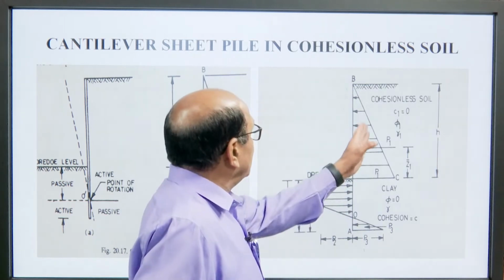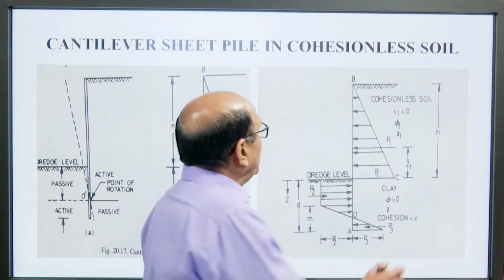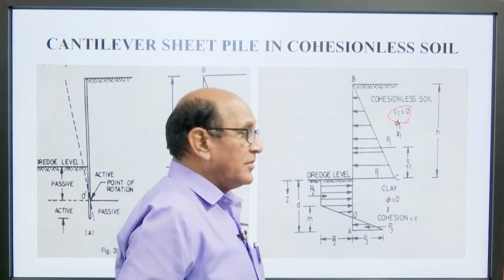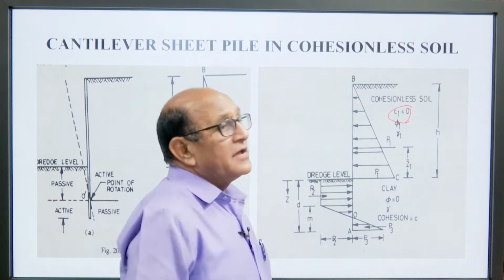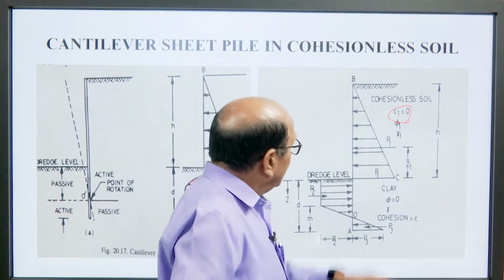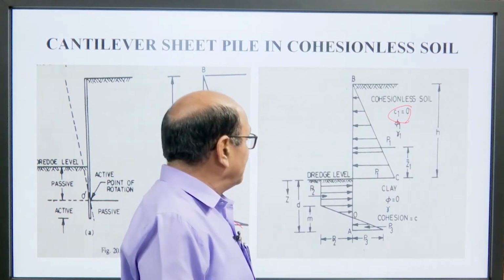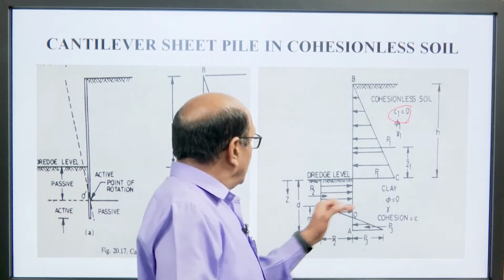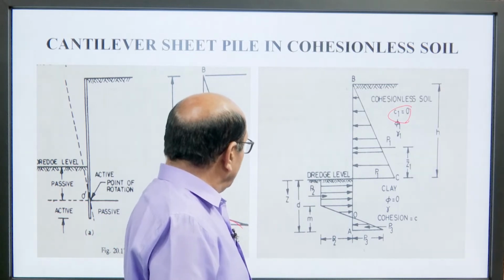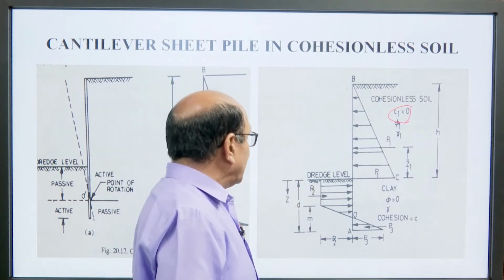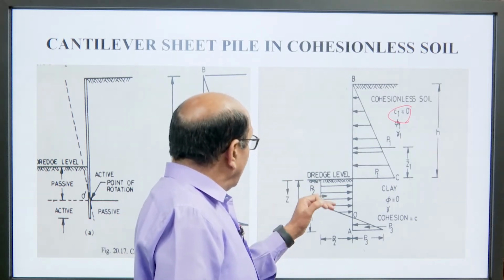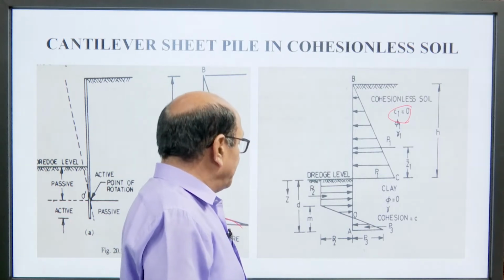Now, this is cohesionless soil. So, here C will be 0. Okay. So, P active forces act at Z 1 bar. This is the dredge line and again the depth of the dredge level is d. The passive forces act on the pile below the dredge line.